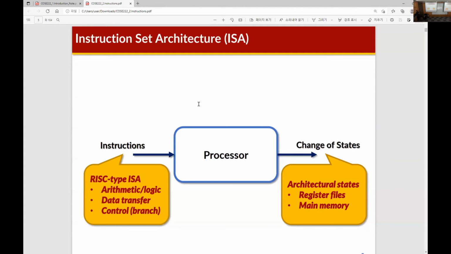So just remember this concept of the computer system. The instruction is given to a processor, and the processor generates a change of state. The change of state is the result of this instruction, and the change of state just includes register files and data in main memory. These two components.